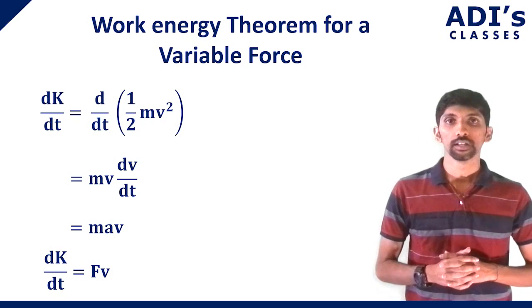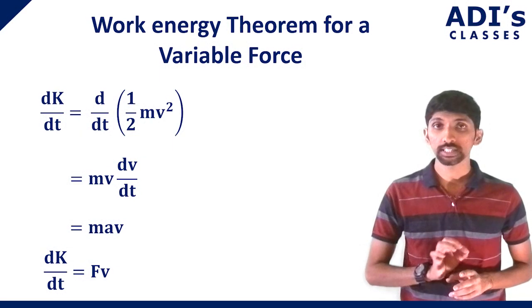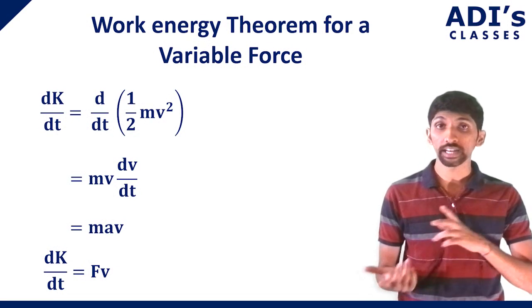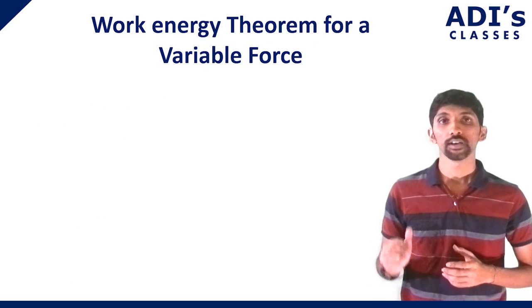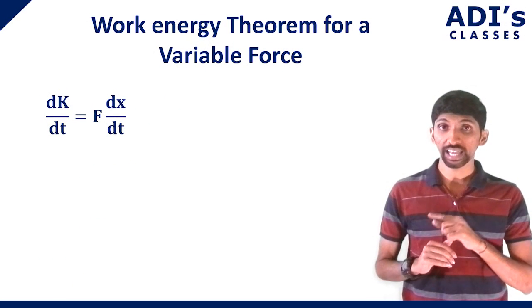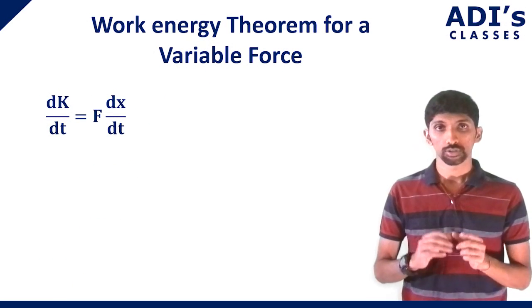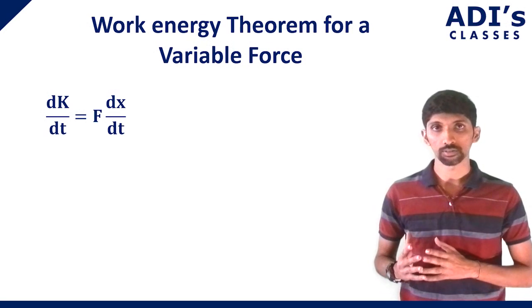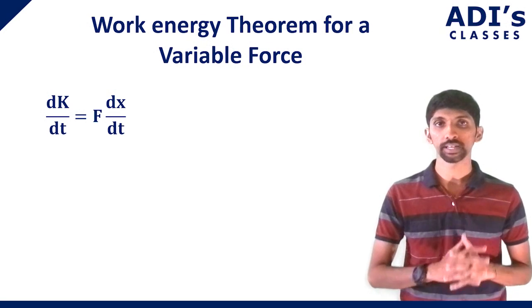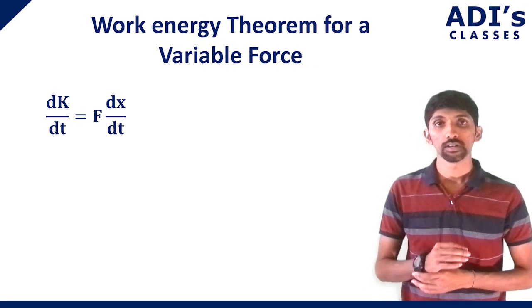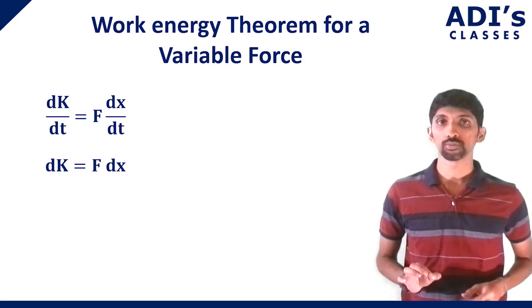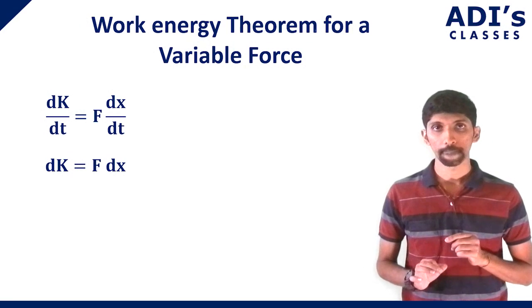Now velocity can also be written as the rate of change of displacement, so we have F into dx by dt. So dK by dt is equal to F into dx by dt. Now dt and dt cancel, so we just end up with dK is equal to F into dx.